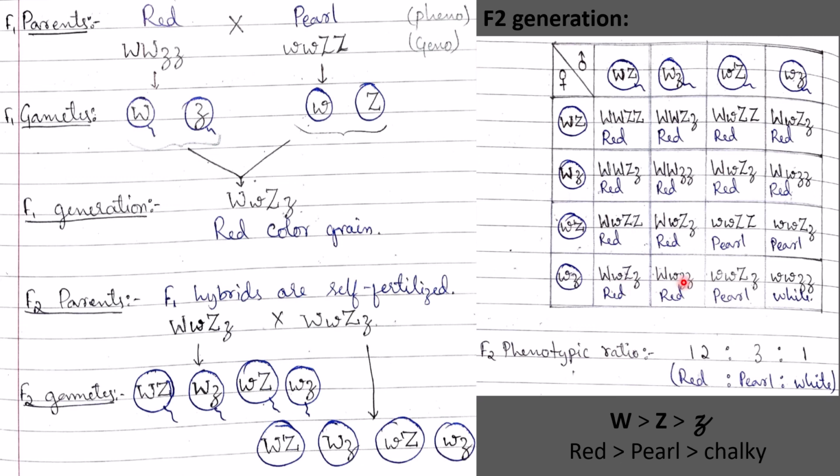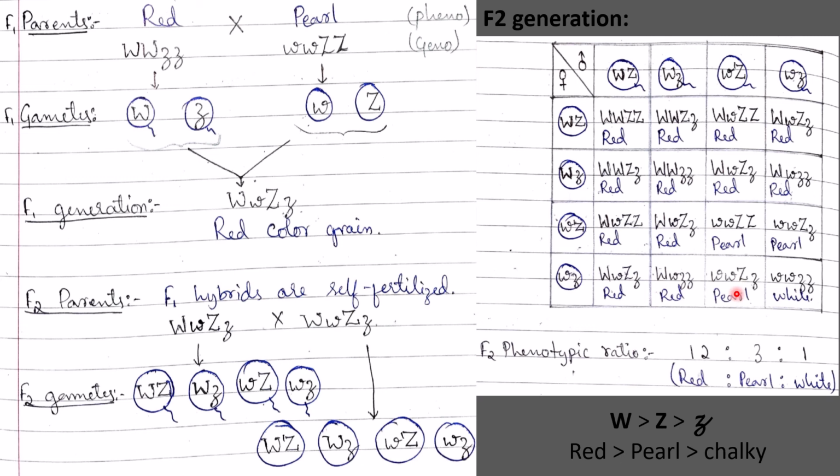This is also red. While when these functional enzymes are not present, dominant W is not present, then only then I should consider the allele condition of Z. So here it is homozygous dominant, so the dominant variety is being produced, that is pearl variety, and then this is also one of the dominant Z is present, so this is also pearl variety.